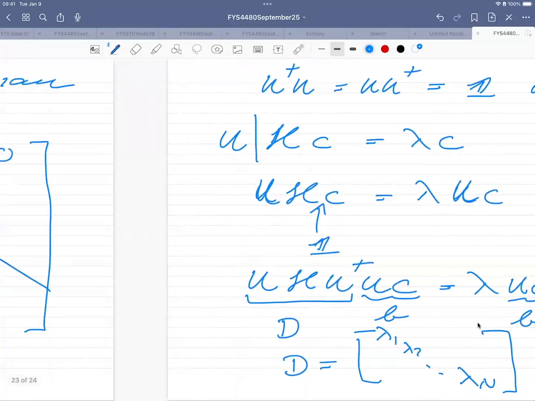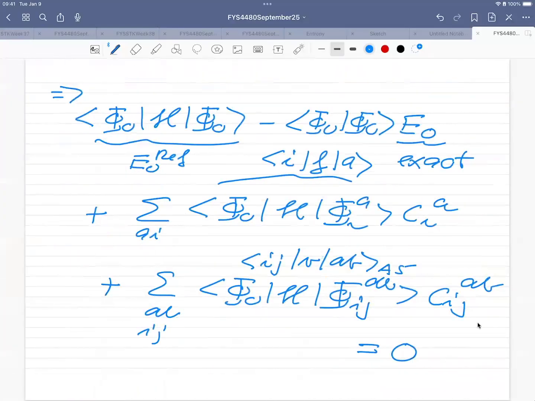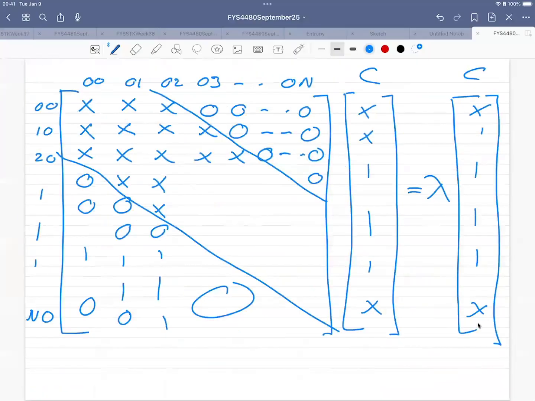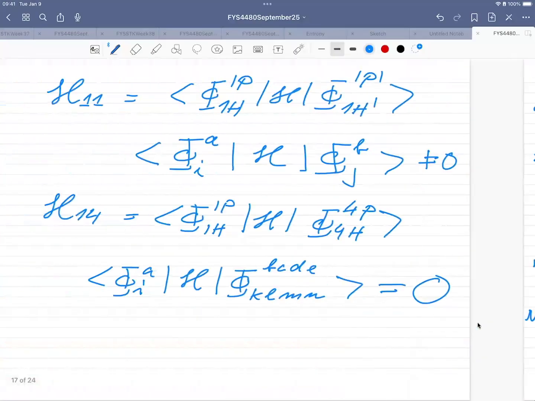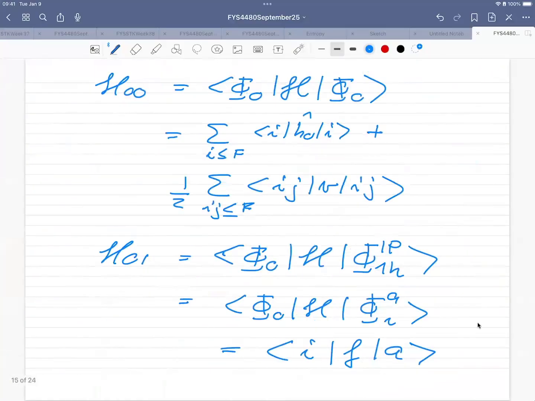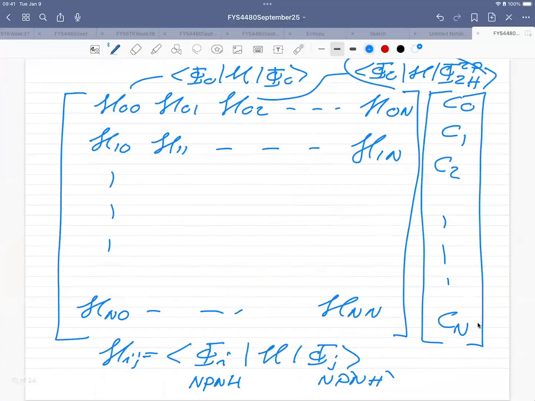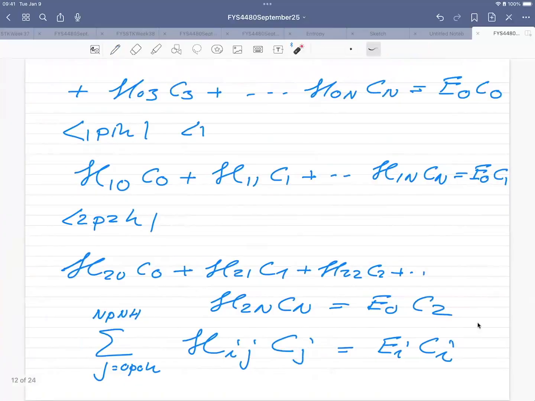So if you now go back to the eigenvalue problem, what you can do is, if you look at the different rows we have written out here, each one of these rows could then be solved iteratively by having a guess on these coefficients. So you will start with a guess 0. That's the first iteration. And then you will get a new eigenvalue. And you will get new such coefficients.